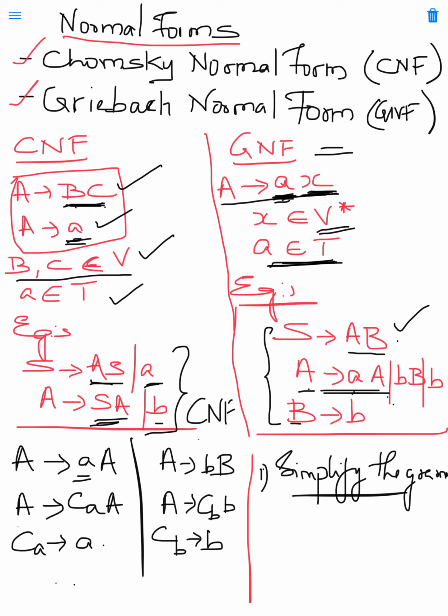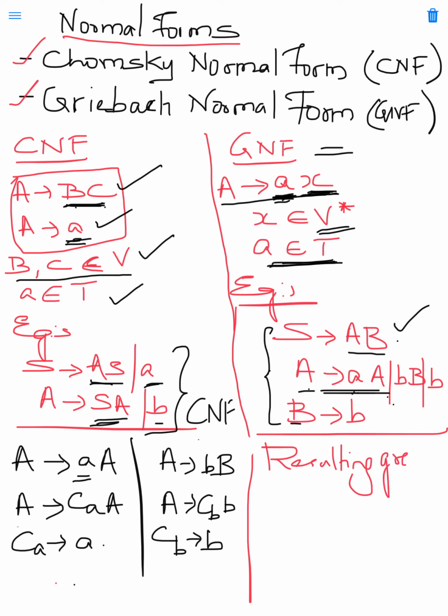Okay, after doing this much process, the resulting grammar which is in CNF will be S gives AB, then A gives CA A, A gives CB B, and A gives b.